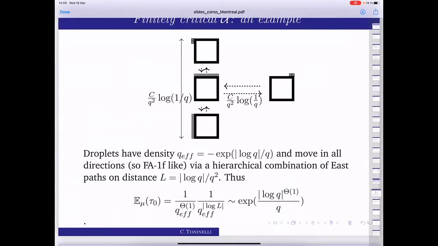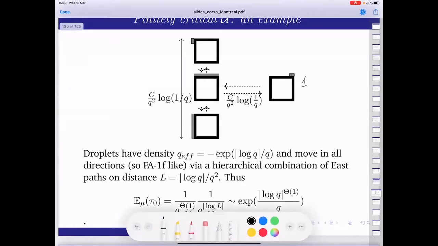These droplets will have the size, I think I didn't write it, the size of the entities that move will be 1 over q log 1 over q, okay?